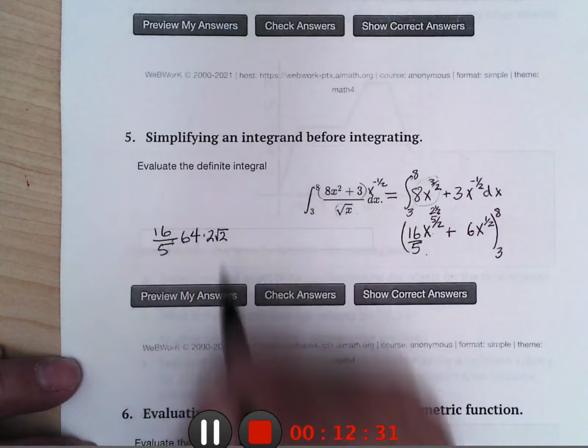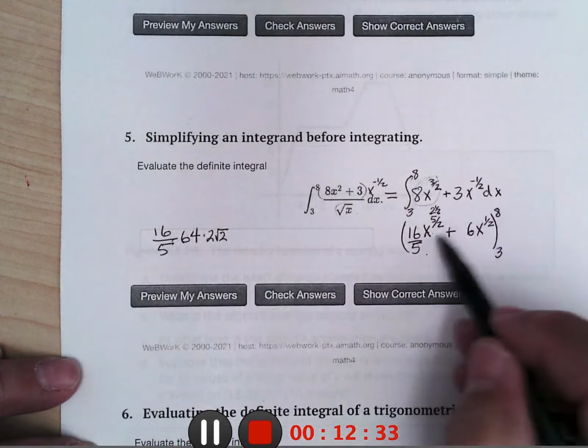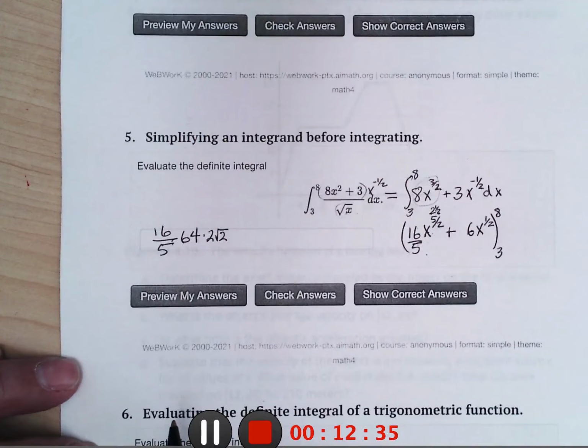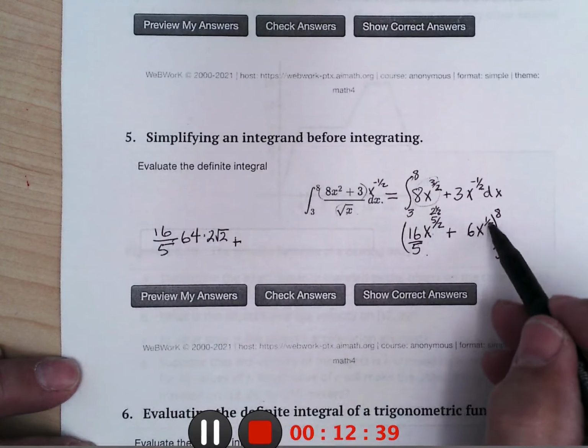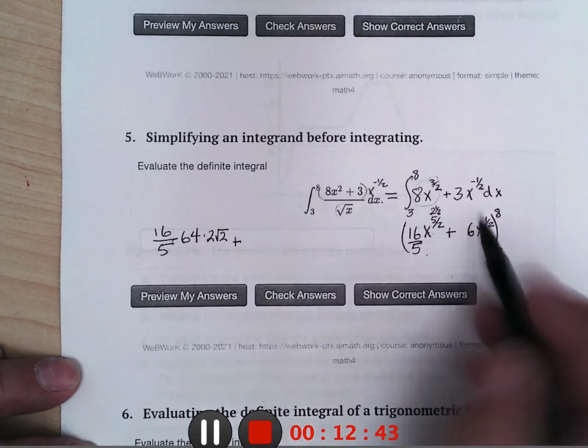So that's 8 to the 5/2. Plus, this would be just the square root of 8, which is 2 square roots of 2 times 6, 12 square roots of 2.